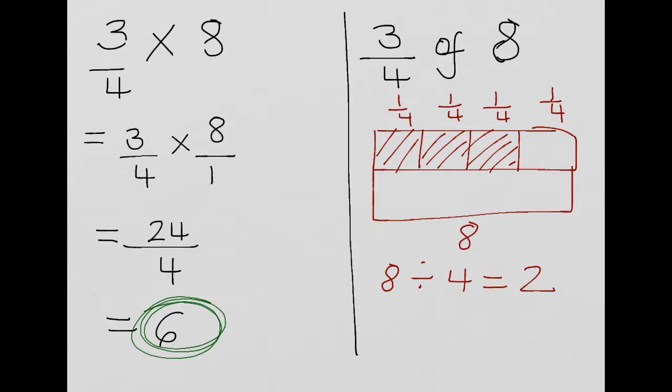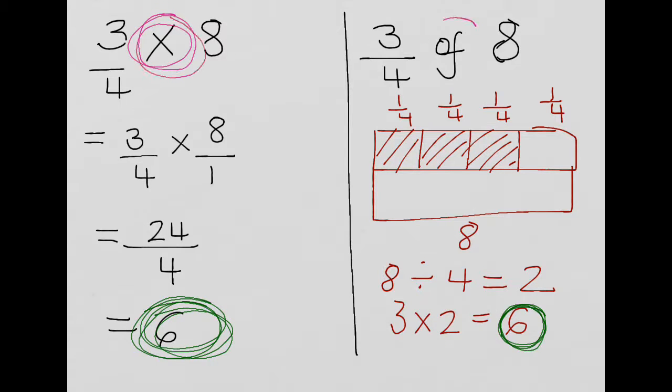I have 3 of them, so I then do 3 multiplied by 2 is equal to 6. And if you notice here, this 6 here and this 6 here, they're the same. And we're just seeing from this that, therefore, multiplying and the word "of" are the same things. So 3/4 multiplied by 8 is 6, and 3/4 of 8 is 6.